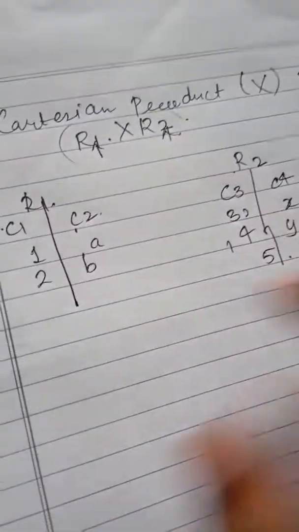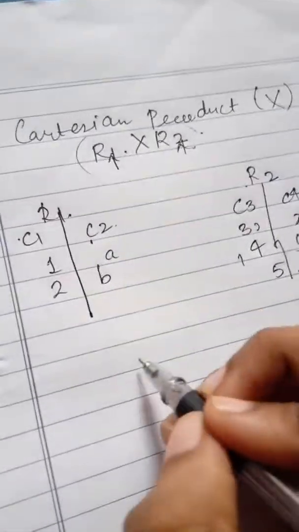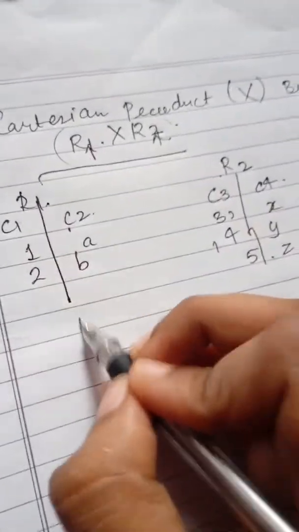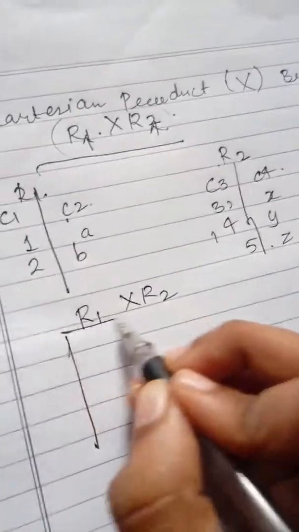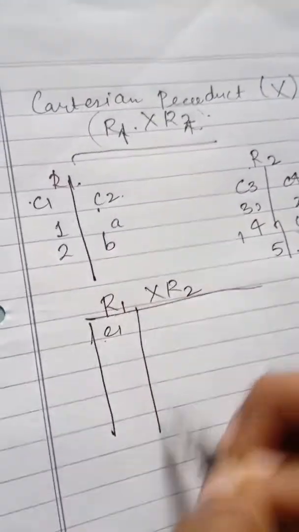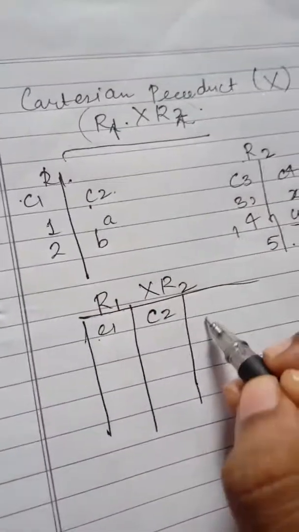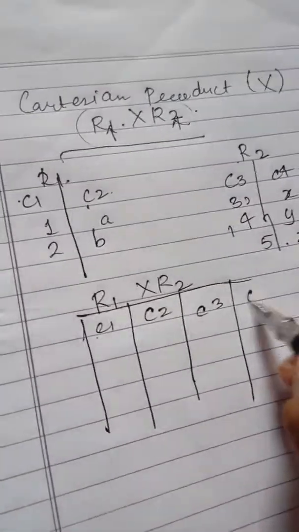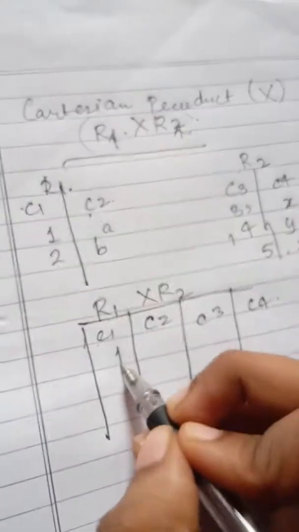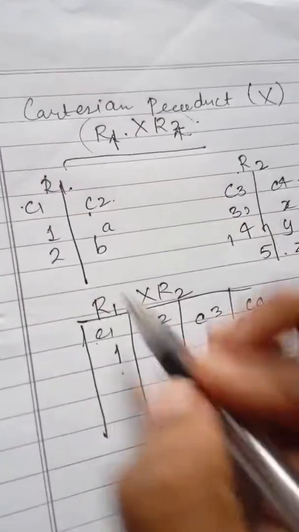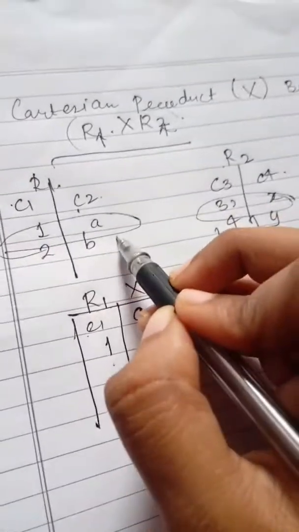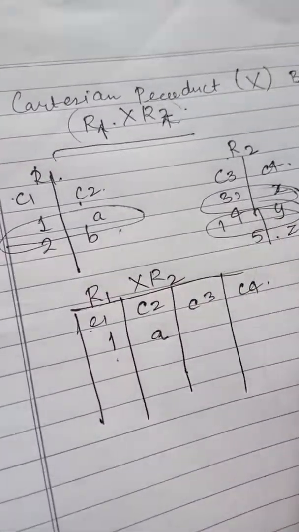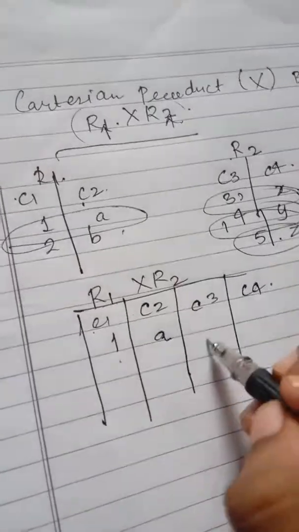Now I want to combine these two. This can be done with the help of Cartesian product, R1 cross R2. I will get the data as C1, C2, C3, C4. 1A, this row with this row, again with the second row, and then the third row.